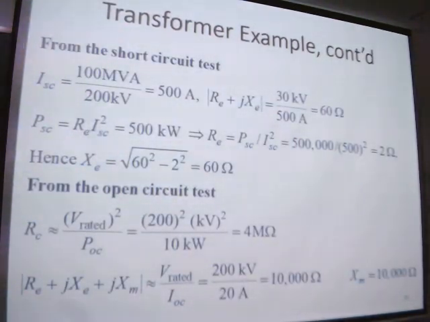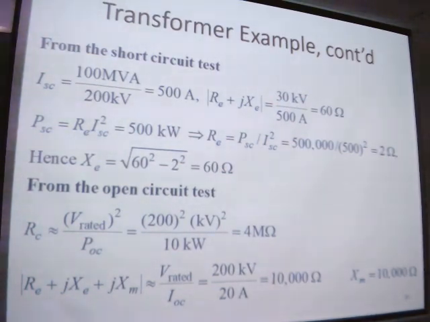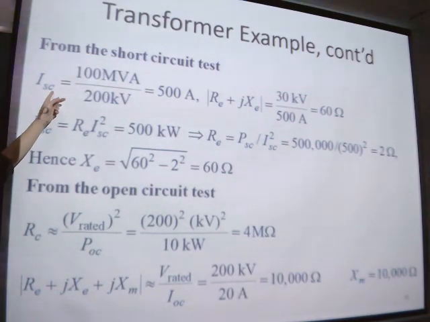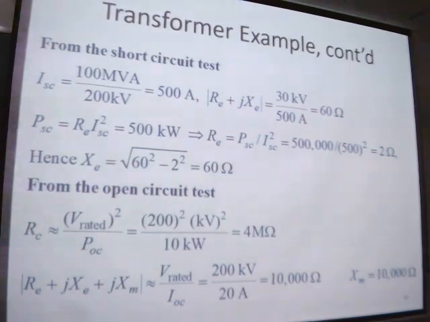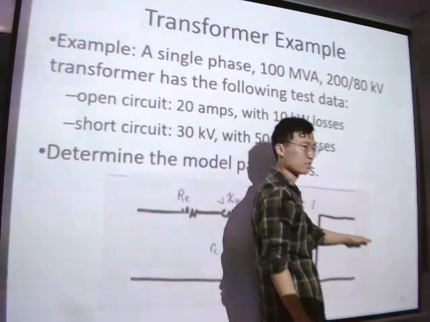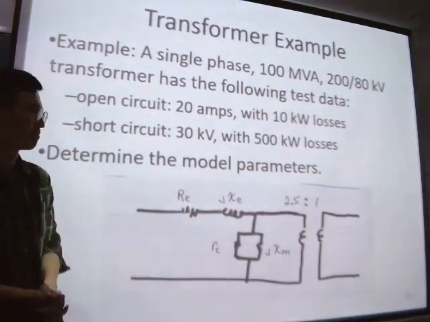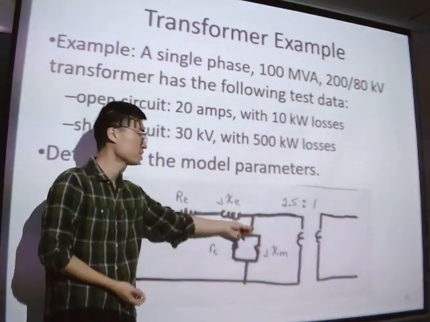Okay, so in the first step, we're doing the short circuit test. So SC means the source short circuit current. For the short circuit, we touch this, okay? But however, here the current will flow.